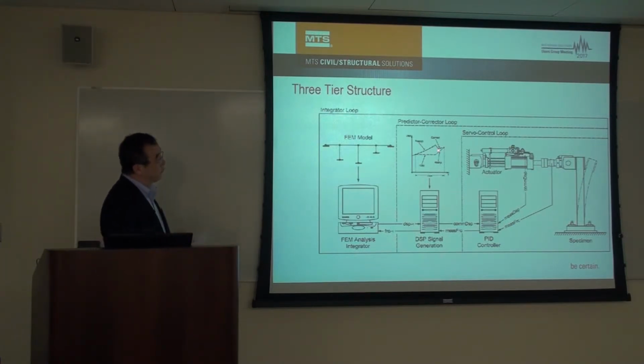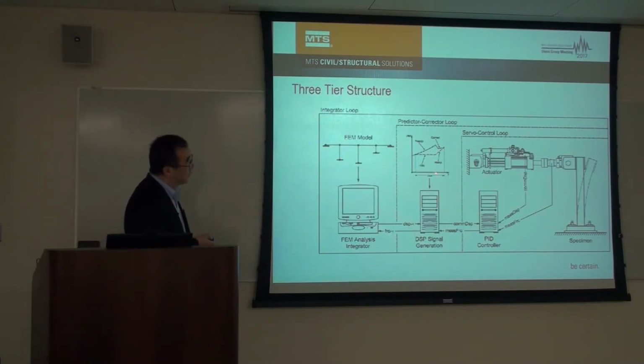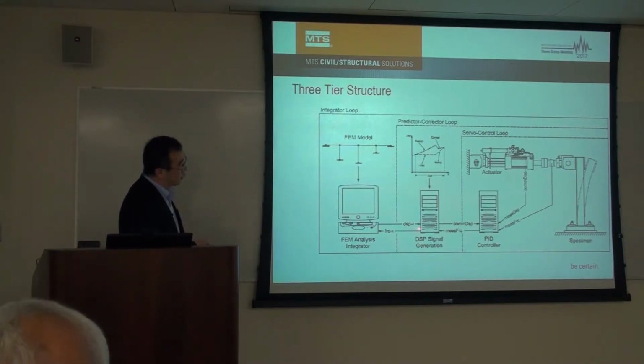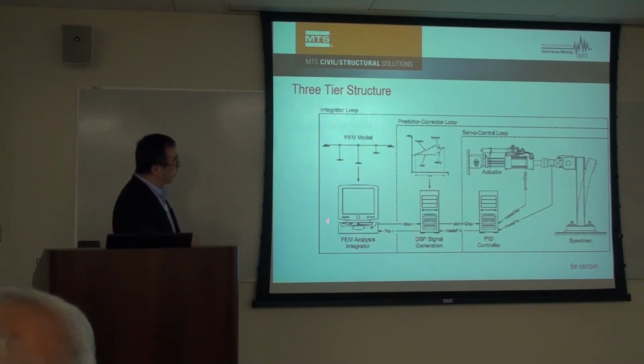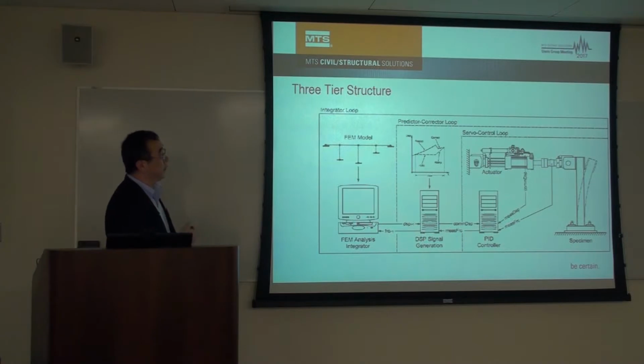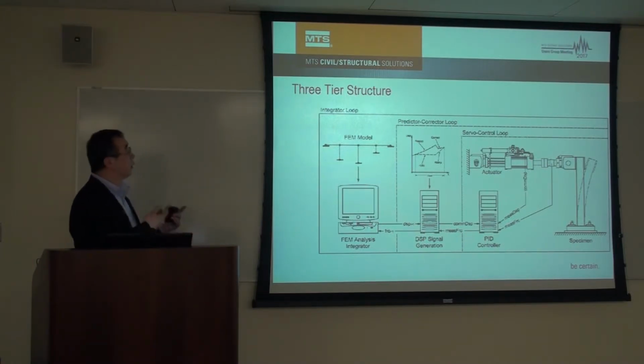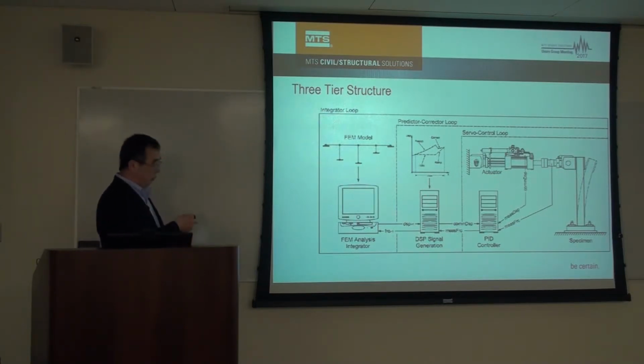If it's very close to the numerical time step and the solution is still not there, then the predictor-corrector goes to delay mode. It extends the time and allows the numerical substructure more time to be solved. So this is called the soft real-time solution. MTS offers all these three solutions.